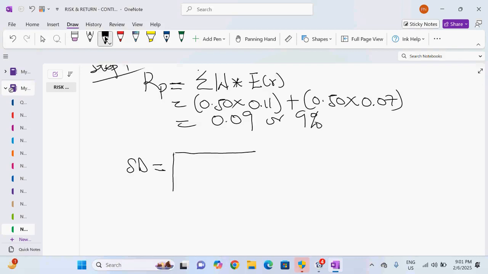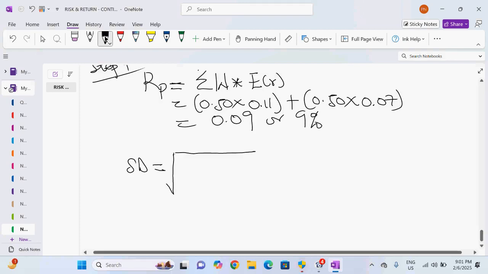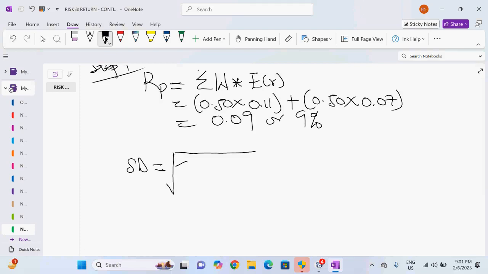You said the general formula for standard deviation. Yes, square root of variance. Give me the variance. What is the formula for variance? Yeah, it's square root of variance. Return minus expected return squared times individual probability.